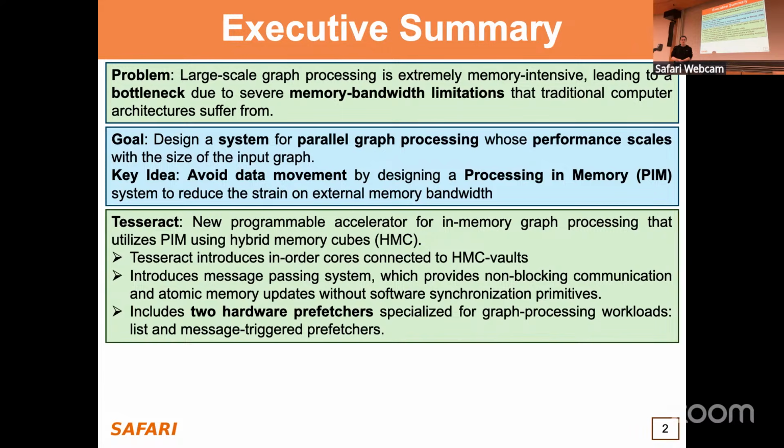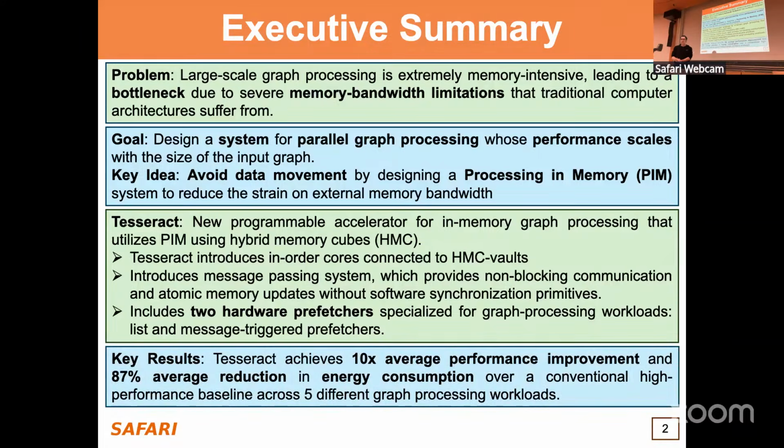It also includes 2 very strong hardware prefetchers, which are specialized for graph processing workloads, one of them being a list prefetcher and the other a message-triggered prefetcher. And the results are quite clear. Tesseract achieves a 10 times average performance improvement and about an 87% average reduction in energy consumption compared to a conventional high-performance baseline across 5 different graph processing workloads.